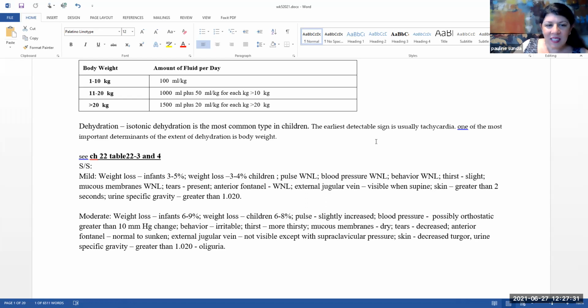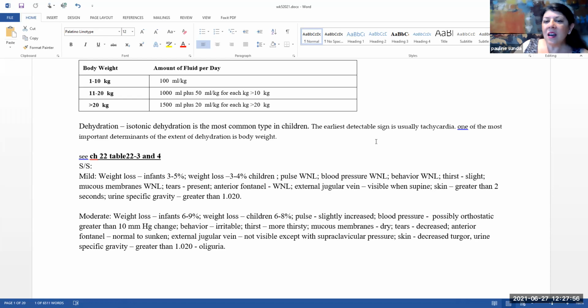With mild dehydration, we're going to see weight loss. In an infant, it would be 3 to 5%. In a child, it would be about 3 to 4%. The pulse is normal, blood pressure is normal, behavior is normal. They might be slightly thirsty. Mucous membranes are normal. The tears are present. Remember, infants don't develop tears until they're about 2 to 3 months of age. Anterior fontanelle is normal.